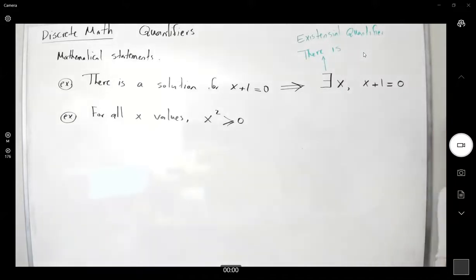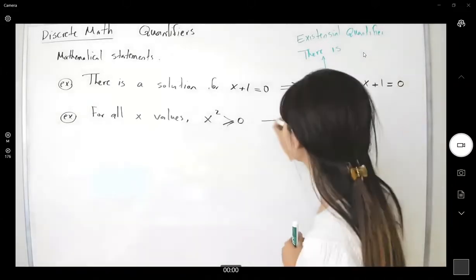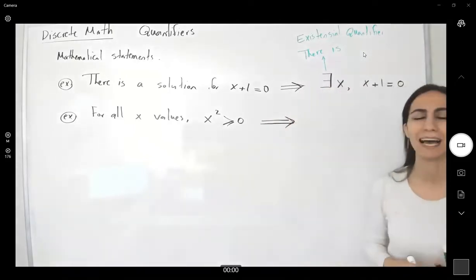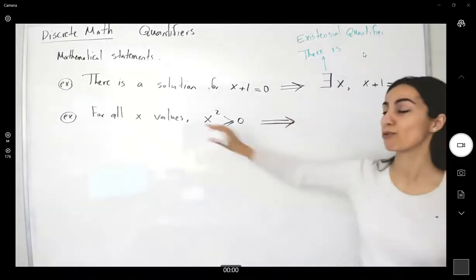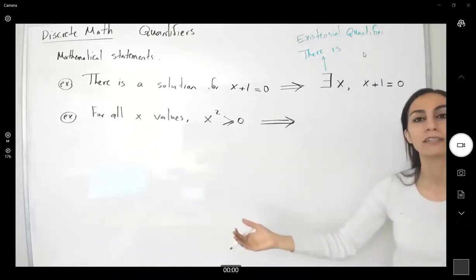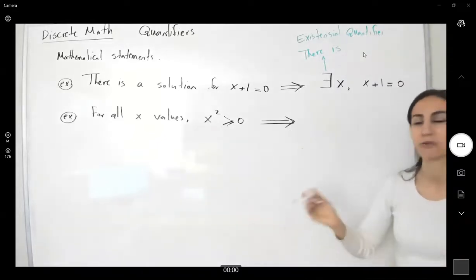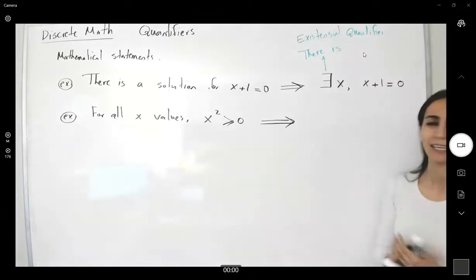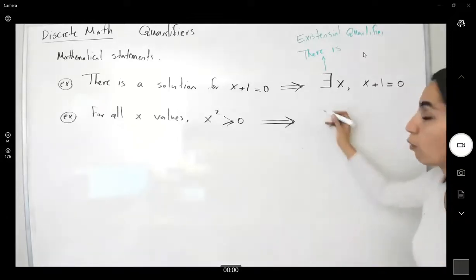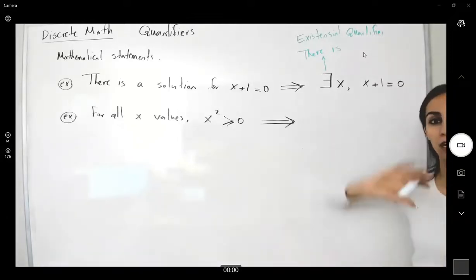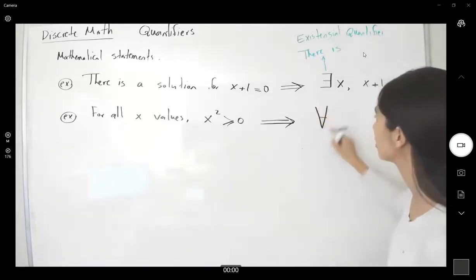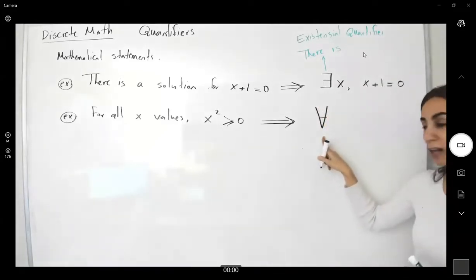The translation of the second example into logical form uses for all. For any random value of x, if I square that, it's going to be greater than or equal to 0, for any of them. Take radicals, take fractions, take anything that you like. So the quantifier that you use is the upside down A, and we call it the universal quantifier.